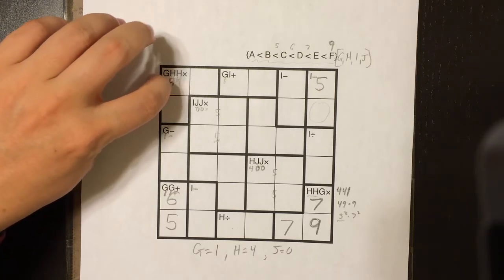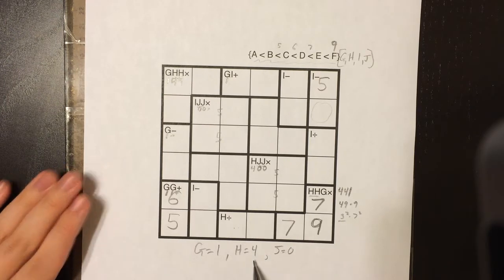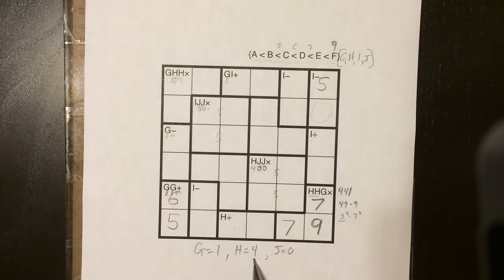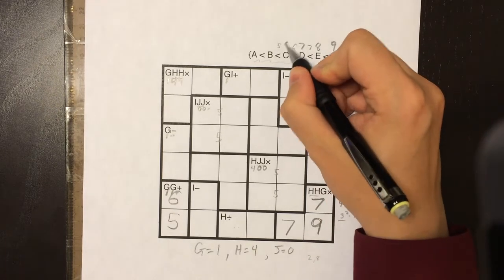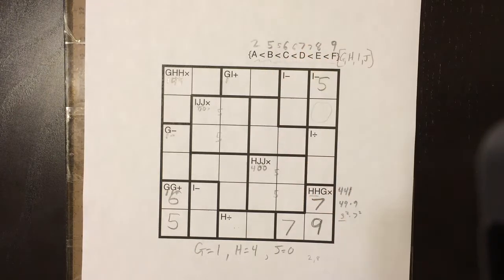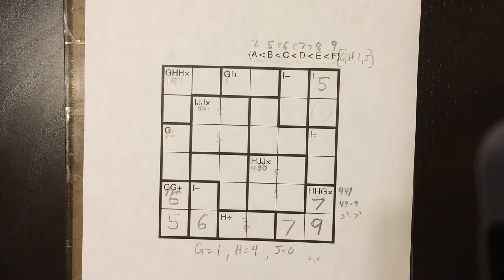So I have a suspicion that, for instance, with H equals 4, you can get to the fact that 2 and 8 have to be within this grid, and actually now we'll complete our digit set. So 2, 8 is in this space.